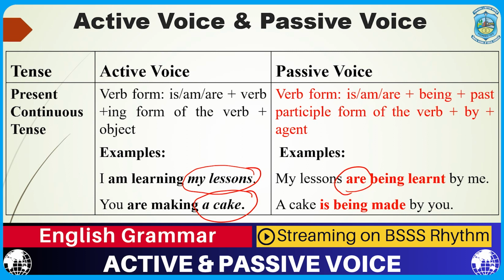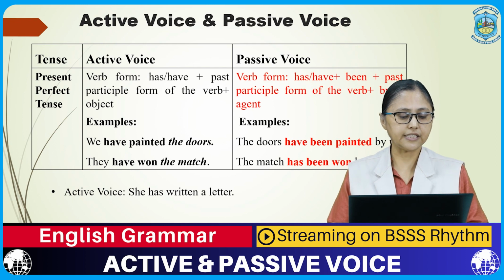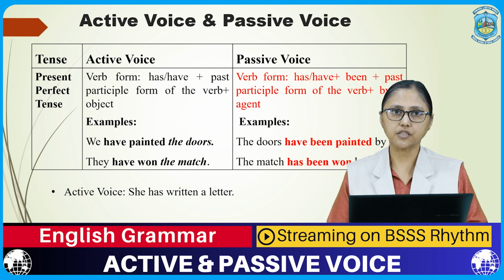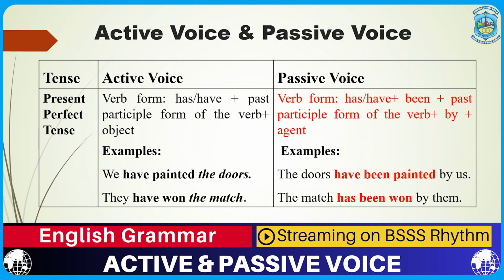Then the third is present perfect tense and we have two sentences as examples. We have painted the doors, they have won the match, both of them are in active voice. To change them into passive voice, we will apply a formula has, have depending on the number of the subject plus been plus past participle form of the verb plus by plus agent.